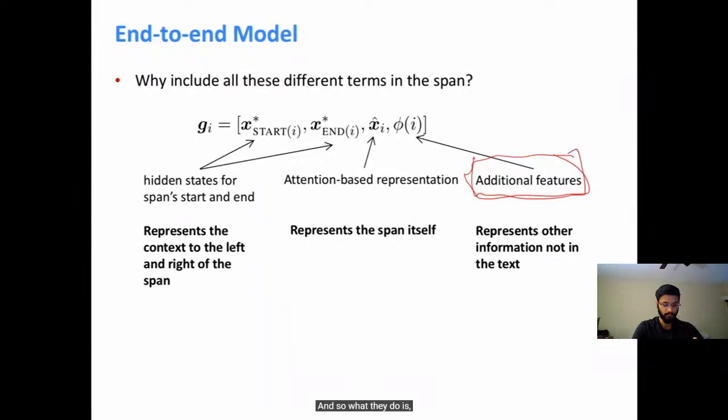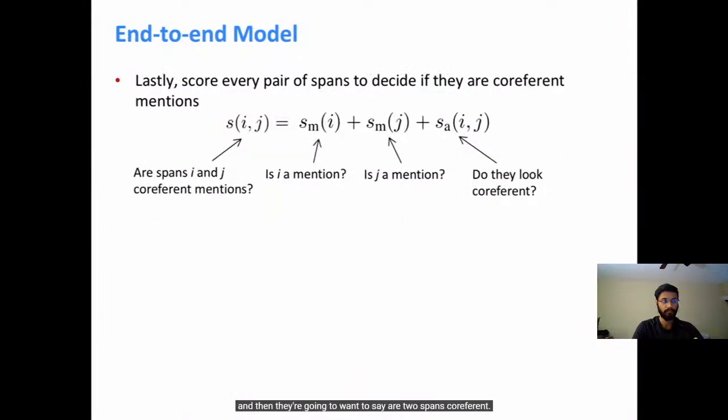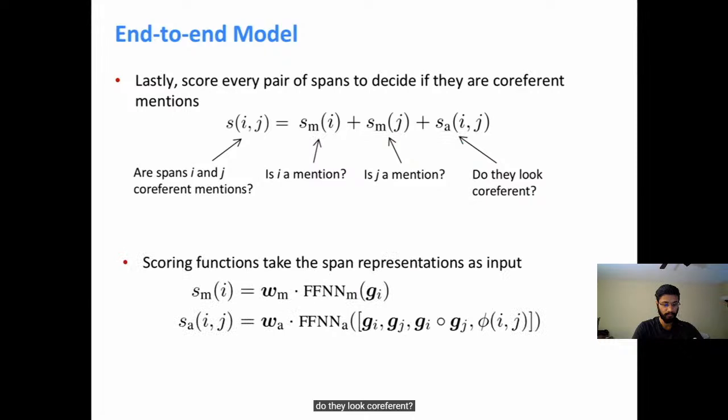And so what they do is, this is a representation of each span, and then they're going to want to say, are two spans co-referent? And so they're going to have one score for each of the two spans, which is essentially saying, is it a good mention? And then you're going to have scores of do they look co-referent?